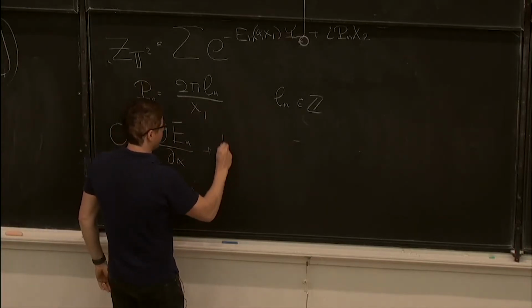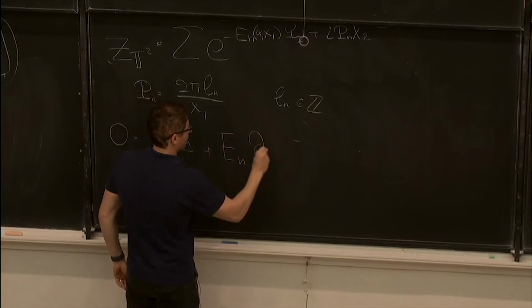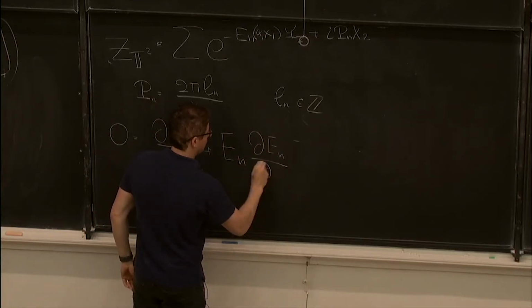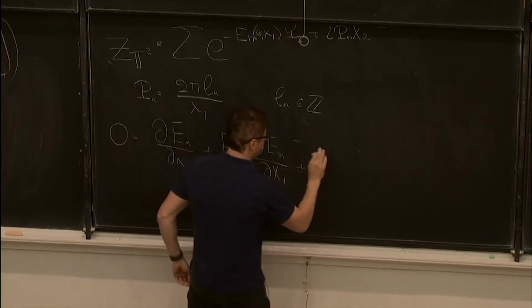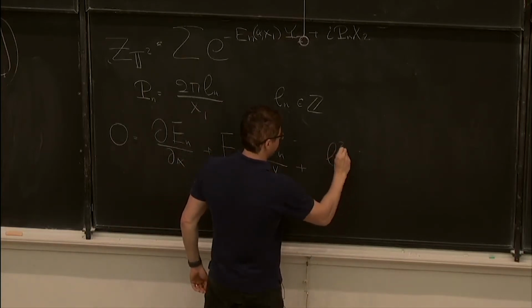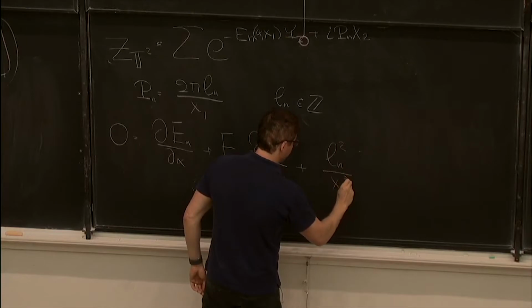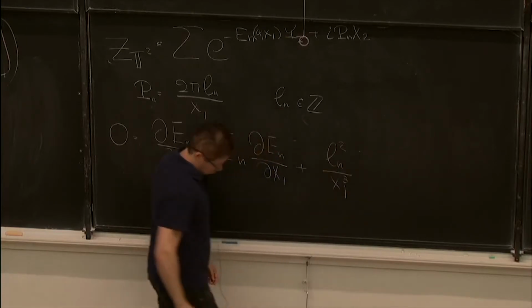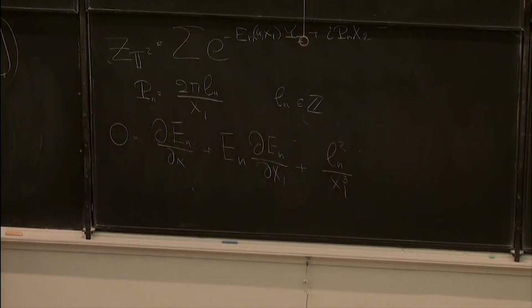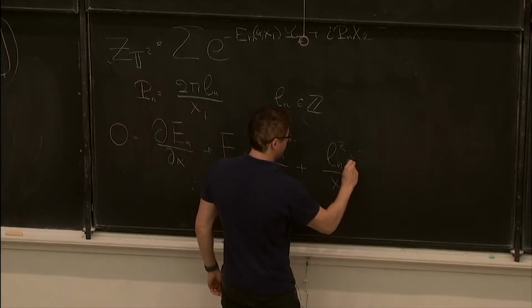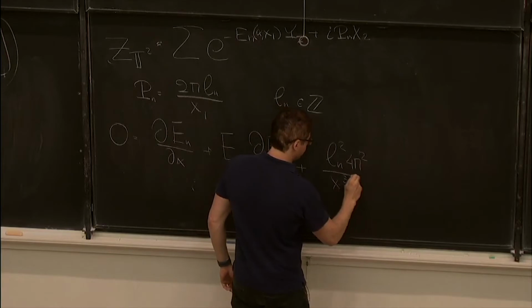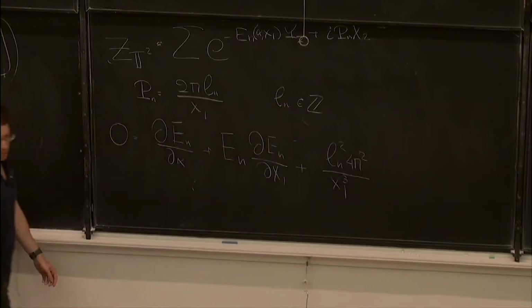And the equation is the following. And then there is one more piece, which is ln squared over x1 cubed. And there is some 4 pi somewhere, 4 pi squared. There is a 4 pi squared here. So that's what you find.